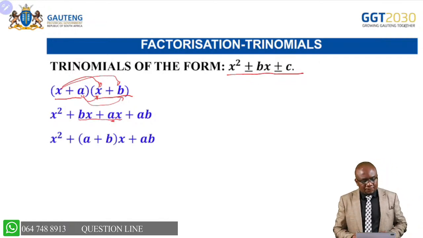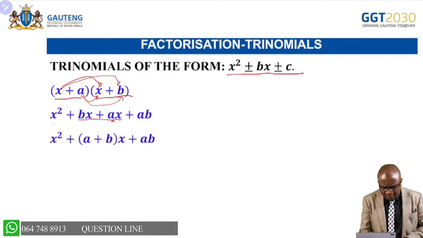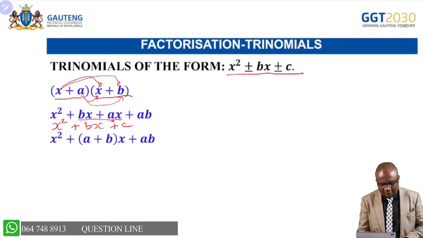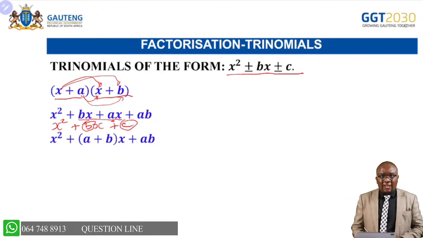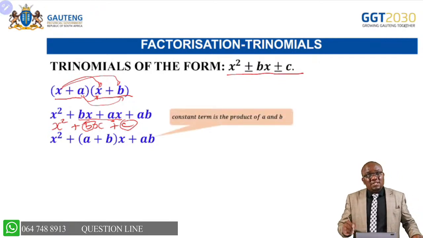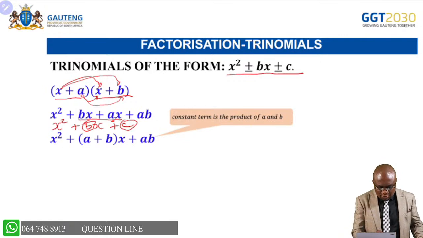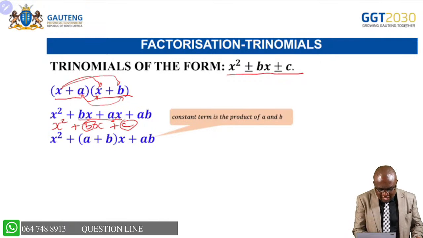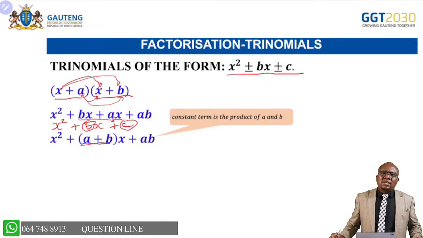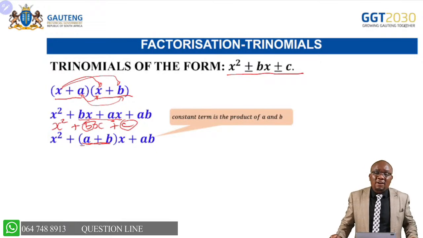If you check, this is exactly the same as ax squared plus, let me just use plus only, bx plus c. b is the coefficient of x. c is the constant. So if you check here, ab is the constant. If you multiply a and b, you get the constant of the expression. If you add a and b, you get the coefficient of x.